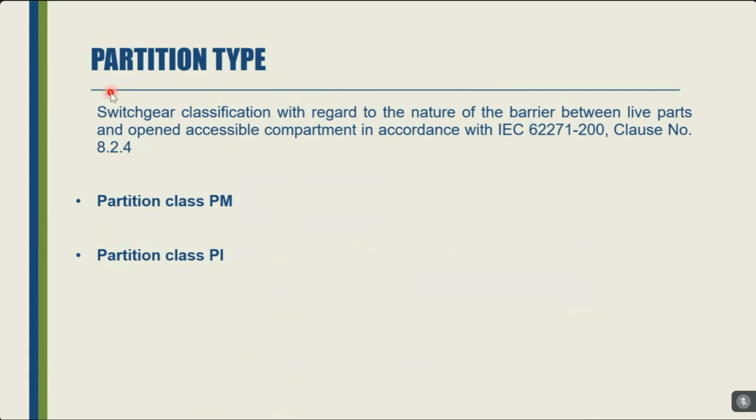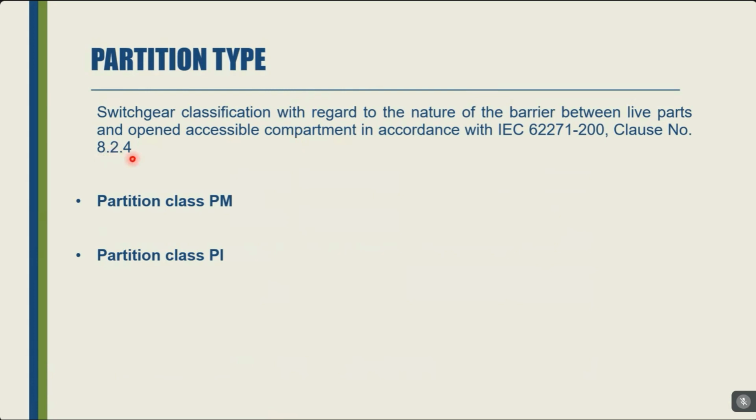Now, apart from IAC classification, the partition type is a new concept that has been introduced in the IEC standard. Partition type is basically the partition with regard to the barrier between live parts and an opened accessible compartment, in accordance with 62271-200 clause 8.2.4.